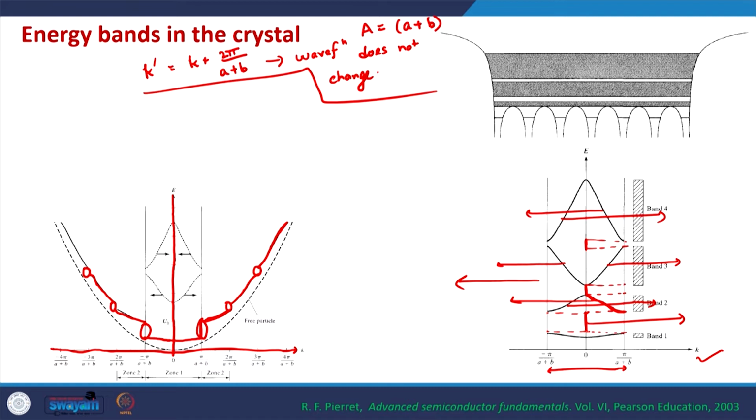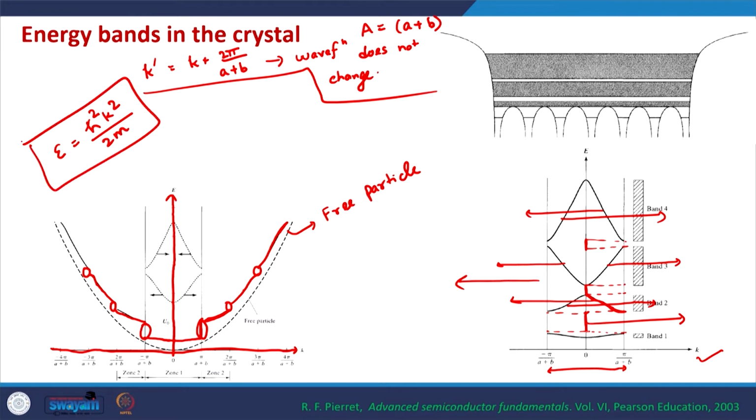Along with this, there is a plot of the E-k relationship for a free particle as well. If you recall from one of our previous discussions, for a free particle E is related to k as h bar squared k squared divided by 2m.